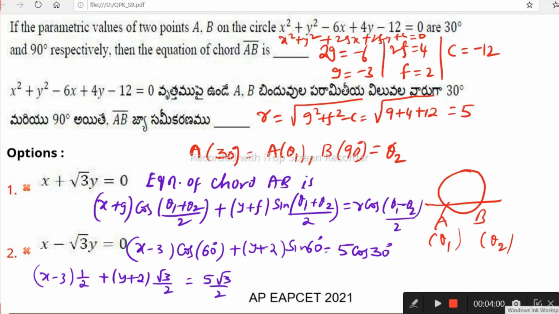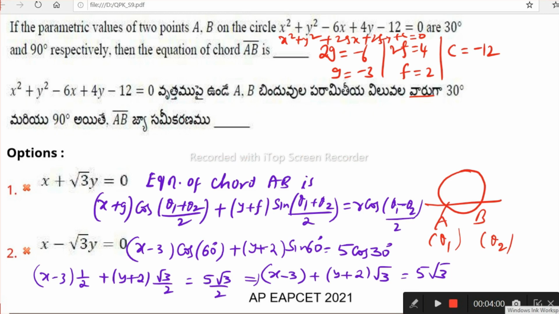Okay? Now, since the denominator is 2 on both the left side and the right side, we can cancel the 2. Therefore the left side becomes x minus 3 plus y plus 2 of root 3 equals 5 root 3. Still more simplification is needed. On the left side we have x minus 3 plus y into root 3, y plus 2 root 3.